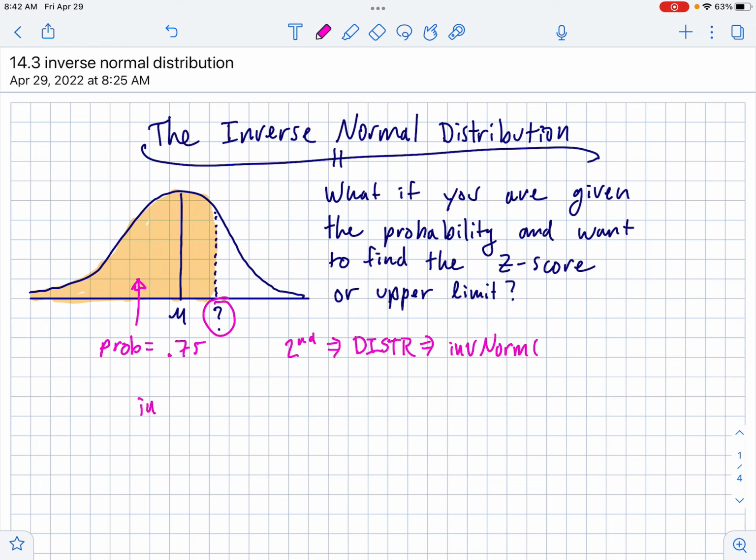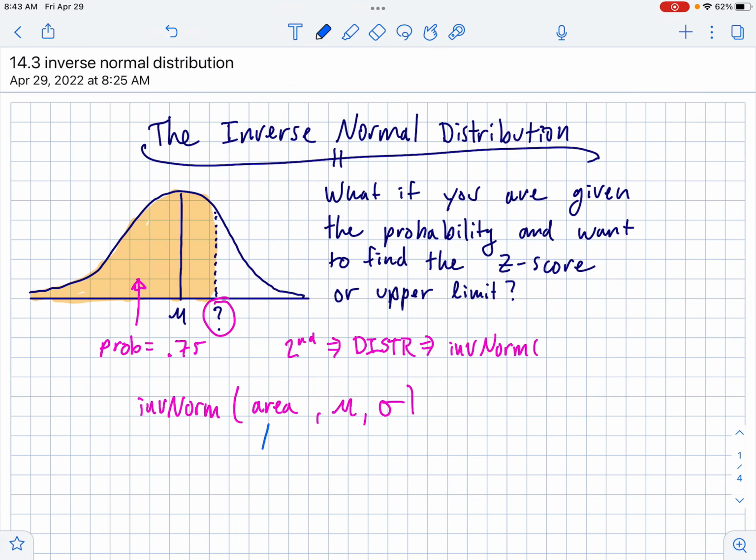The way invNorm works, you might get that fancy menu that some calculators have, but if you're on an older calculator, it's just going to put this on your screen. What you do is put the area first that you're looking for, then the mean, then the standard deviation.